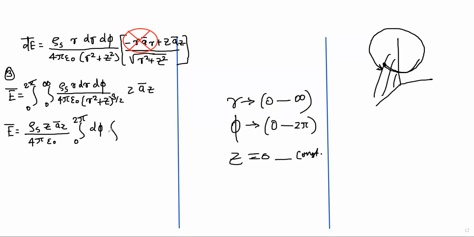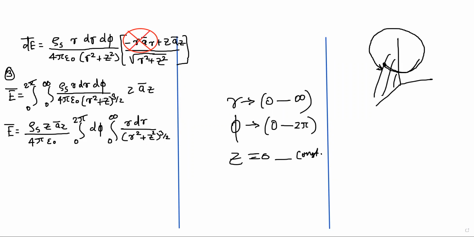See how I split the terms: 0 to infinity r dr divided by r square plus z square bracket raised to 3 by 2.